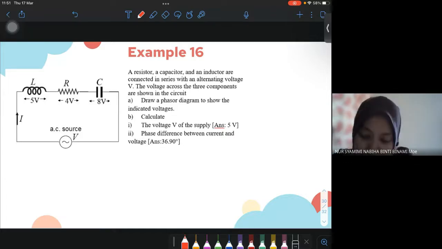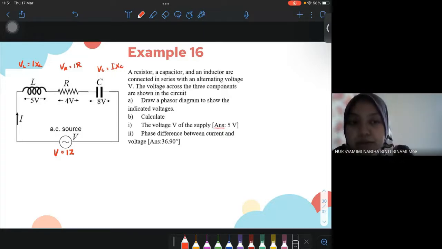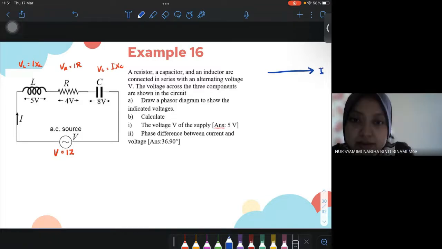Okay. So sekarang kita ada V equals IZ, VL equals IXL, VR equals IR, VC equals IXC. Okay, so how do you want to draw a phasor diagram for this circuit? Okay, current saya ke kanan. Ingat current tak semestinya sentiasa ke kanan, tapi kita boleh lukis dia ke kanan. Where is my VL?